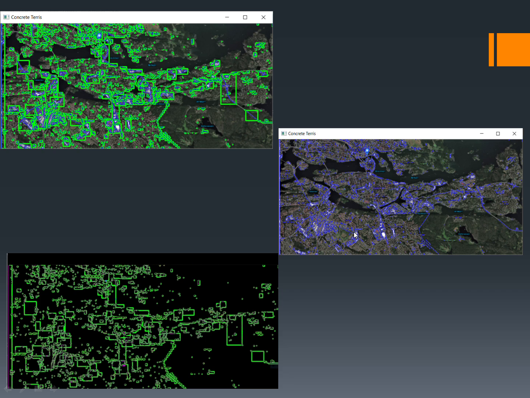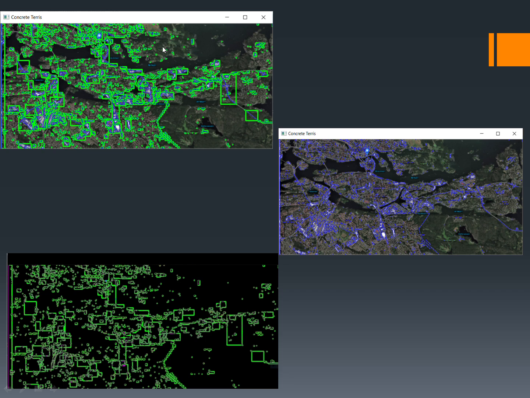We thought of an idea: why don't we segregate them first, why don't we divide the image? We first extract the area where there are roads and buildings, meaning the urban region, where the density of buildings and roads is quite high, and separate out the region where there are concrete residences below, or the region where there is forest or water.